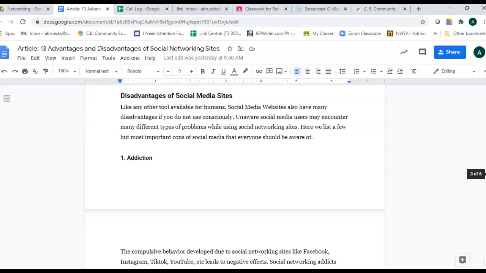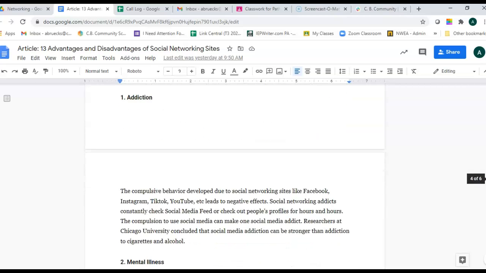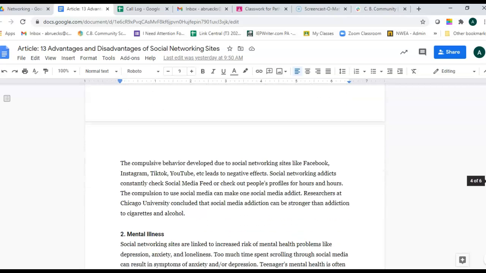Number one, addiction. This is a real thing. People are addicted to their phones. The compulsive behavior developed due to social networking sites like Facebook, Instagram, TikTok, YouTube, etc. leads to negative effects.